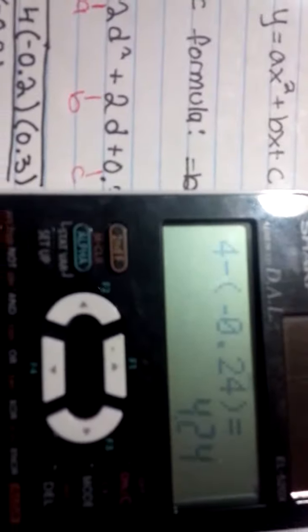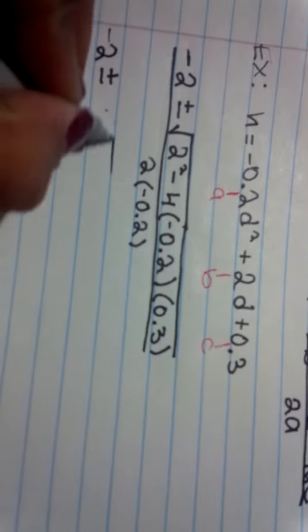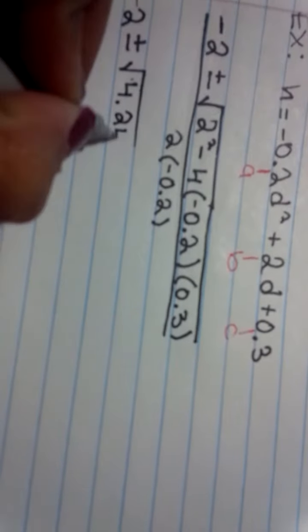So we know it's going to be the square root of 4.24 divided by 2 times negative 0.2, which we know will be negative 0.4.